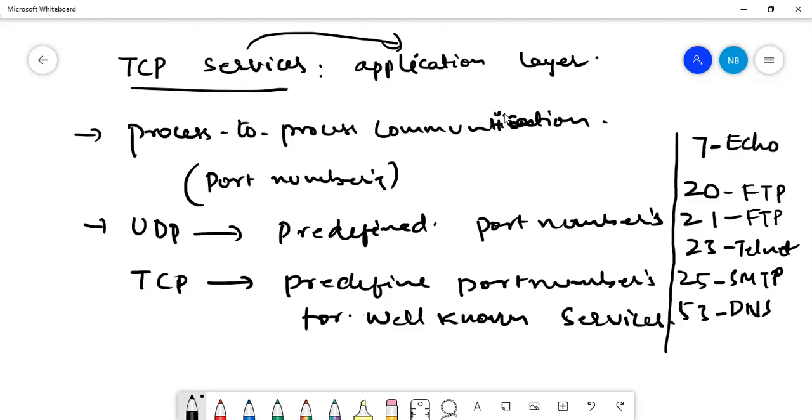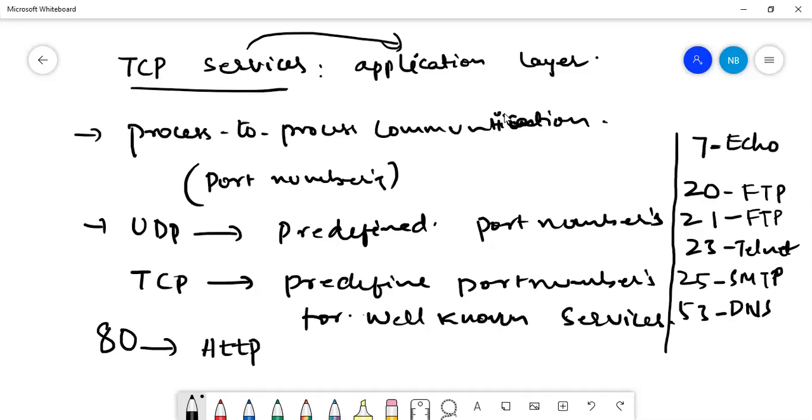Now coming to the most important one, which I'm not writing in this list, because it is most important for us: 80. 80 is the most important port number, which is used for HTTP.